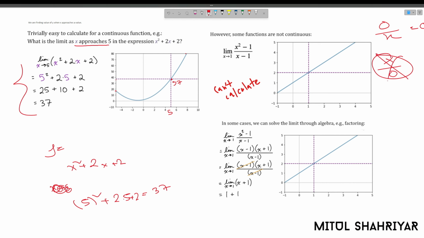So if we have been provided this line like x squared minus 1 over x minus 1, this is the actual graph or line. If someone says x approaches 1, what should be the value of this one, or something like that.